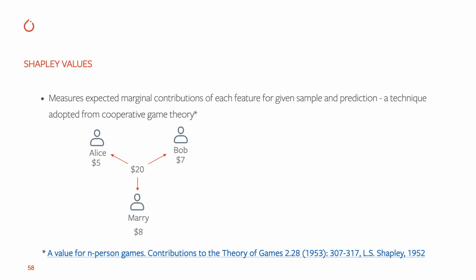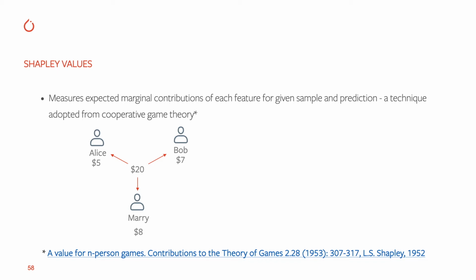If they had a smaller contribution, then they will receive a smaller payout. Shapley value uses a fair approach to assign payouts to each player depending on their contributions in the game. For example, on this slide, we have 3 players, Alice, Bob, and Mary, that are dividing between the 3 of them the total payout of $20.